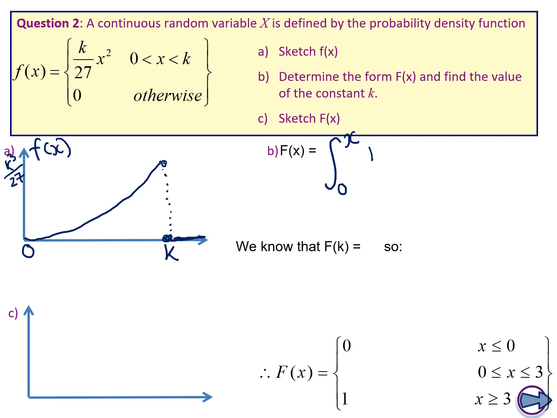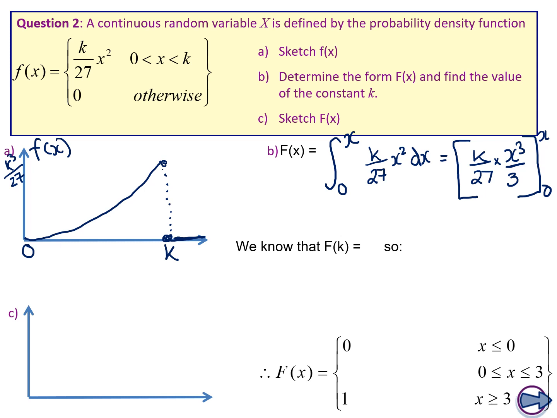So integrating this thing will give me, I hope you know, x cubed. We pull the k over 27 out because it's a constant.